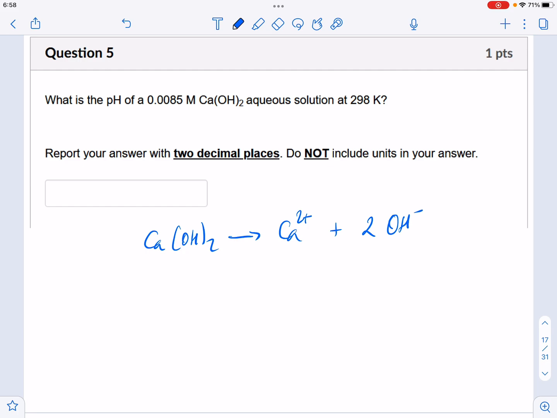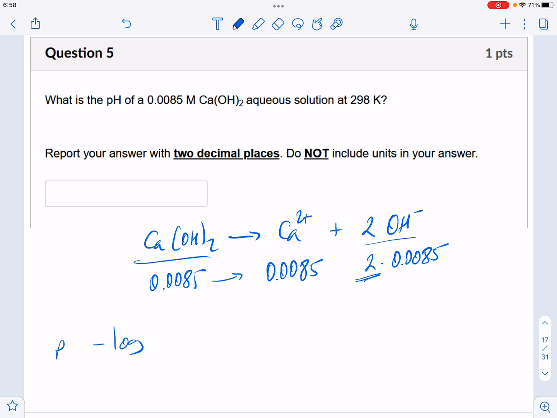So if the concentration of calcium hydroxide is 0.0085, it means that calcium ions will be equal to 0.0085, but the hydroxide is going to be 2 times 0.0085. Obviously, the most common mistake in this question was that people forgot about that 2. So your pOH will be equal to minus log of 2 times 0.0085.